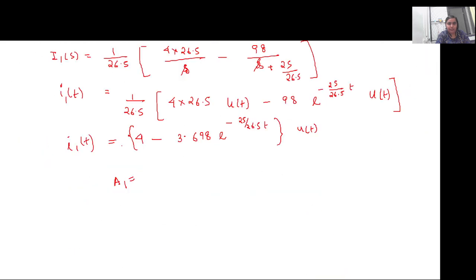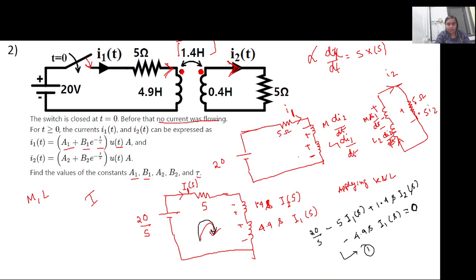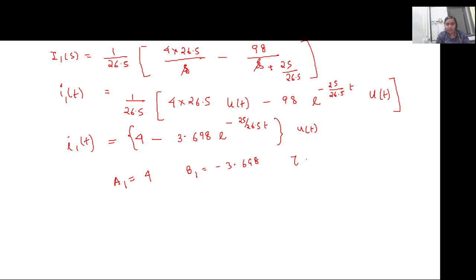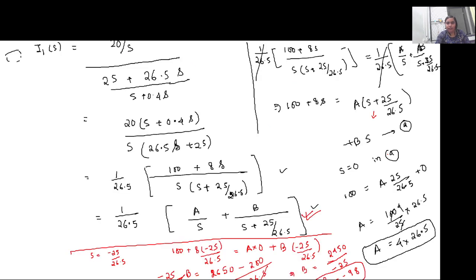So similarly in this case we got in a similar format, a1 is equal to 4, b1 is equal to minus 3.698, and tau is in the denominator, so tau is equal to 26.5 by 25. So it will be 1.06. Okay, this is fine.